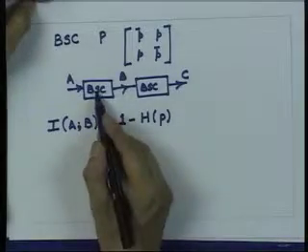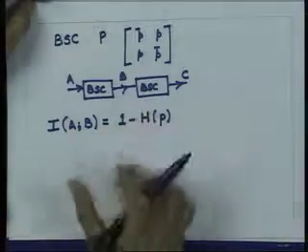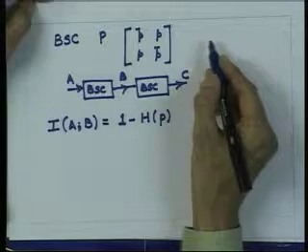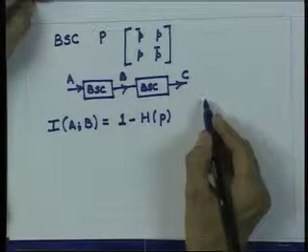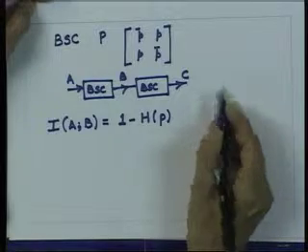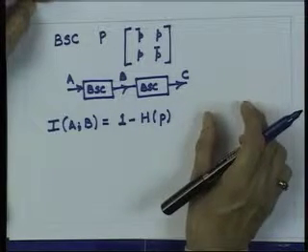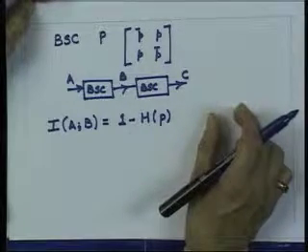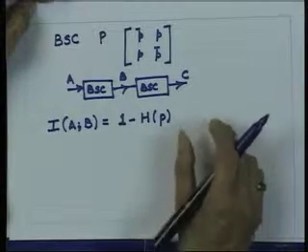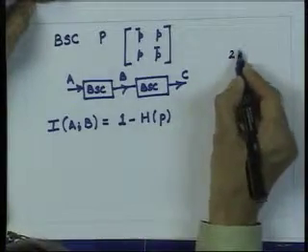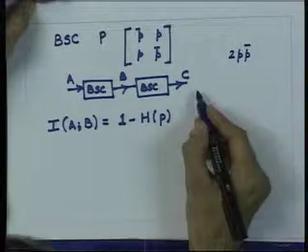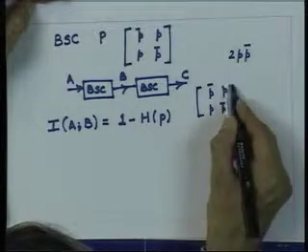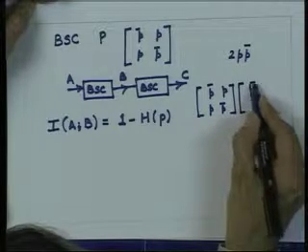Now, if we cascade the two channels, then the equivalent channel matrix between A and C can be obtained, and it is not difficult to show that for the cascade of these two binary symmetric channels, it is equivalent to a single binary symmetric channel with probability of error as 2 p p bar. So, if we cascade, we will get the equivalent binary symmetric channel as follows.